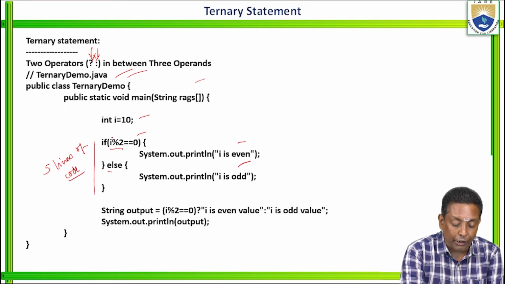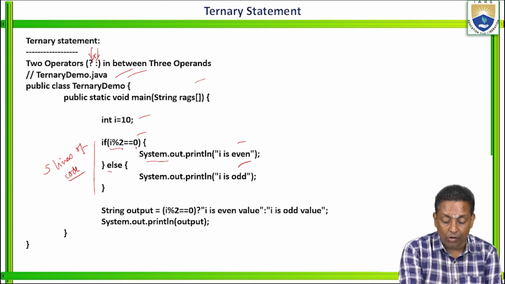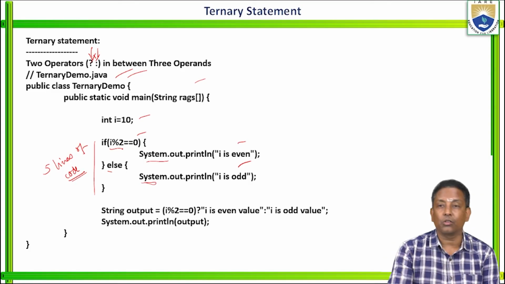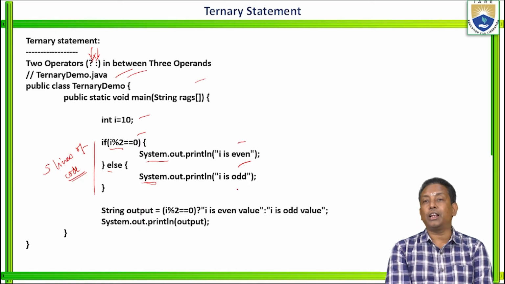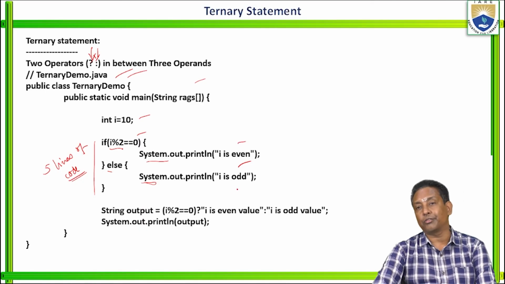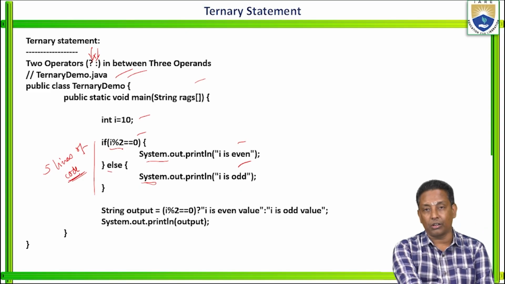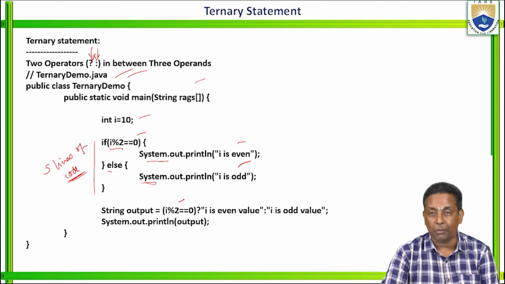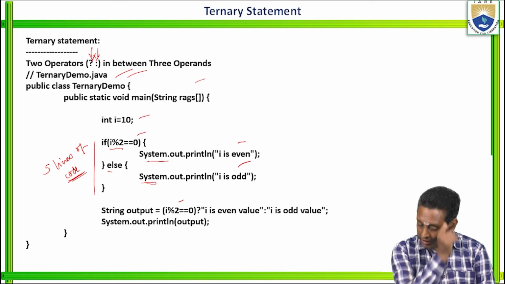To write one simple if-else condition, we need at least 5 lines of code. Just to print i is even or i is odd, you need to write 5 lines. Instead, such simple if conditions can be written with a ternary operator. But the ternary operator has its own limitations, which we'll discuss later.